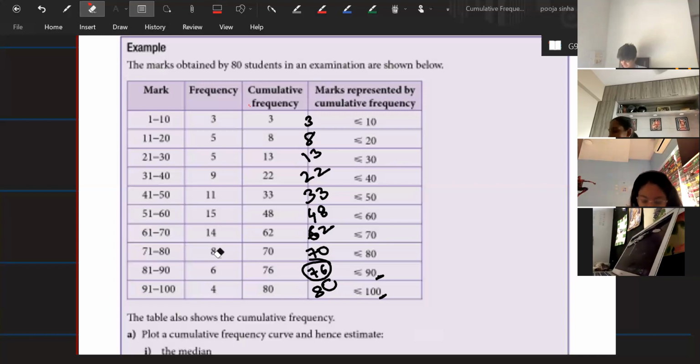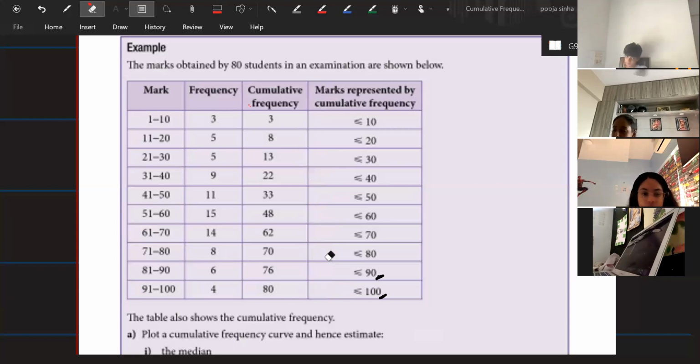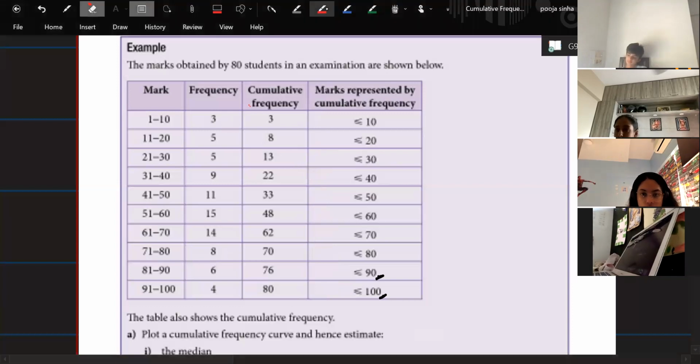Okay, chalo. So, did we understand how to find out cumulative frequency? All that you need to do is you just keep on adding. You write the first number as it is. Then you add this to the next frequency. What do you get? You get 8. This to the next frequency. What do you get? You get 13.